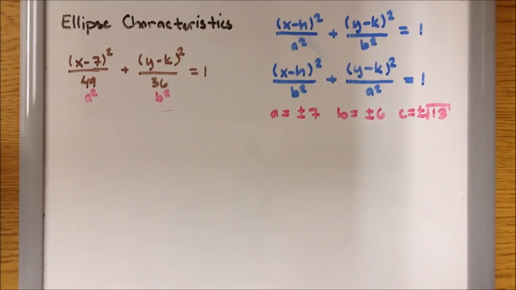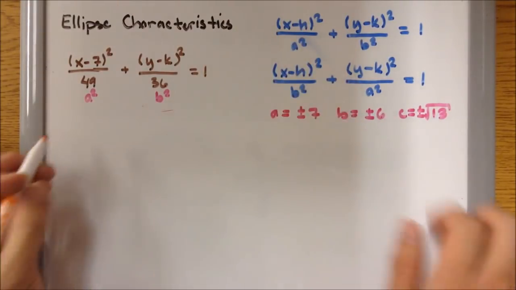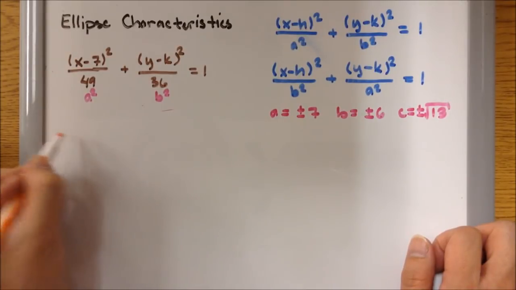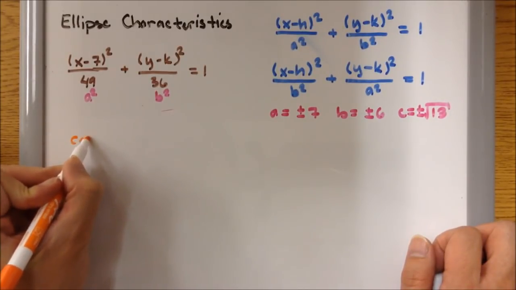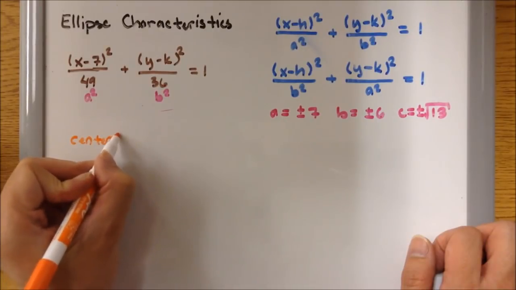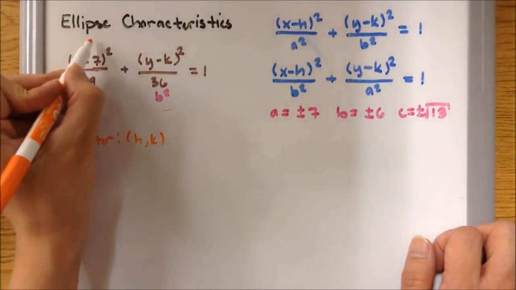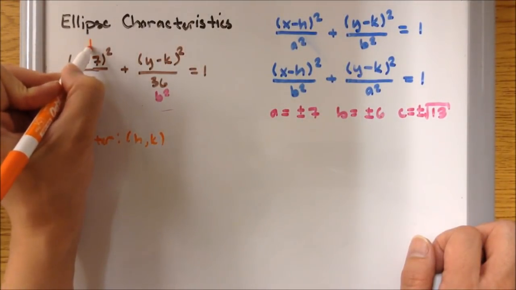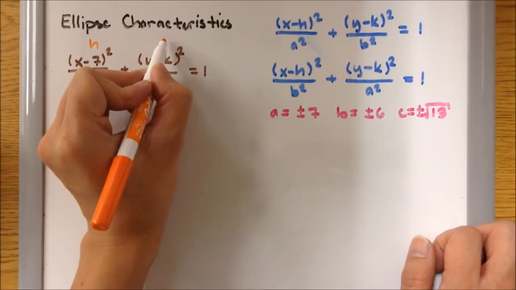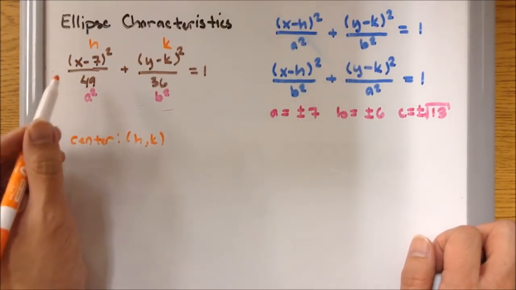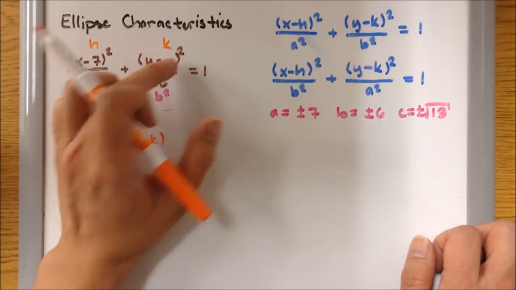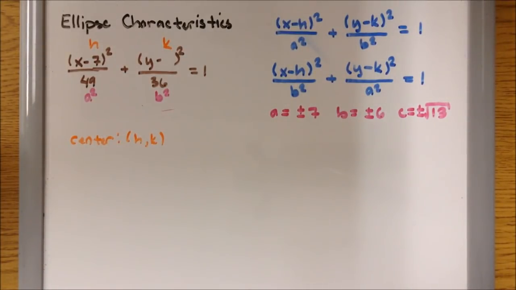Now the center for this form is the same as the ones before, which is H, comma, K. The number with X is H, the number with Y is K. The example here is 6.